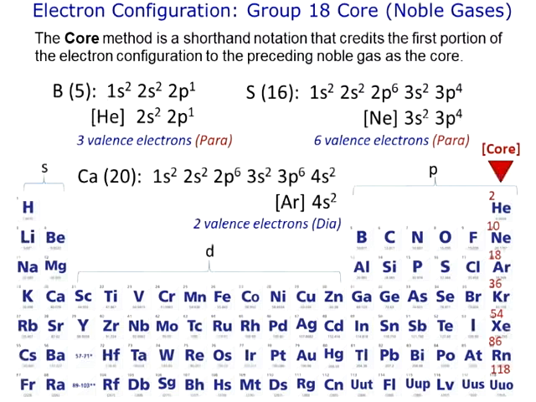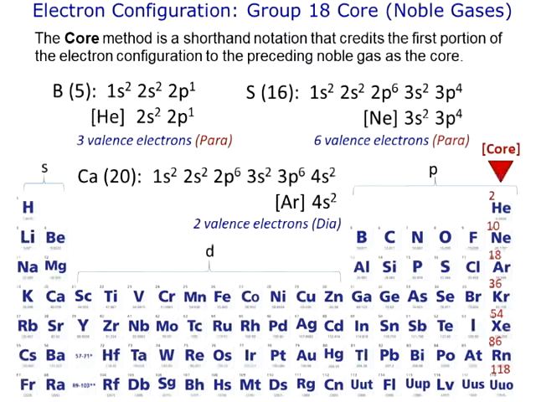So just to complete this section, we point out the number of valence electrons and whether it's paramagnetic or diamagnetic. In the case of boron, the highest occupied n value is 2, and there are 3 electrons, so we have 3 valence electrons. One is unpaired. We see that in the p orbital, therefore it's paramagnetic.